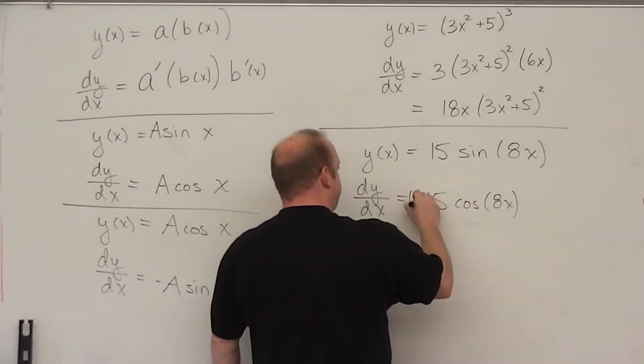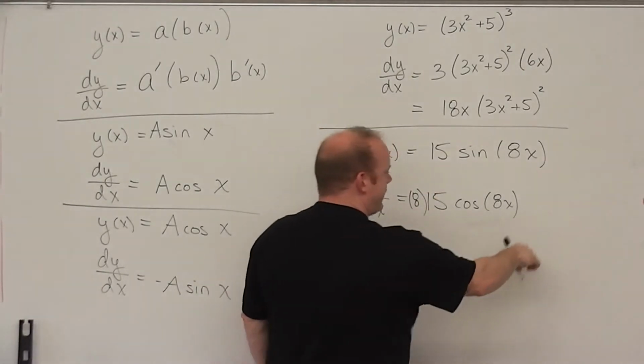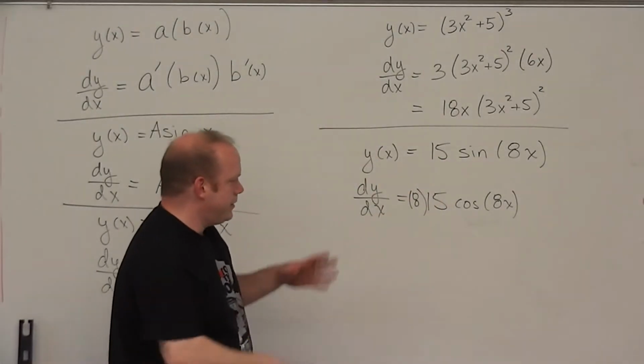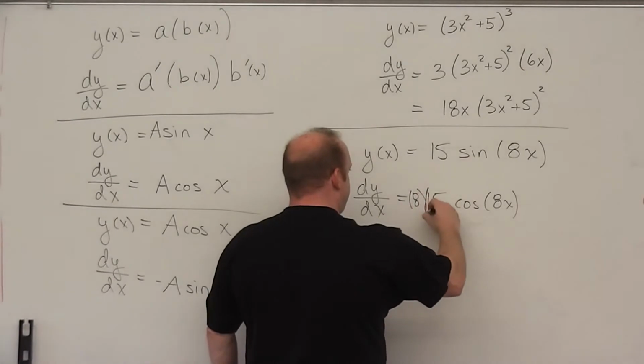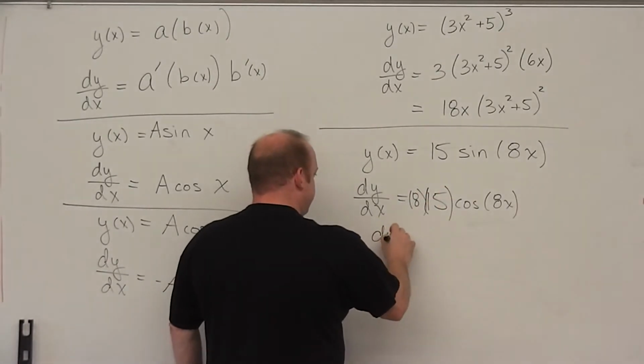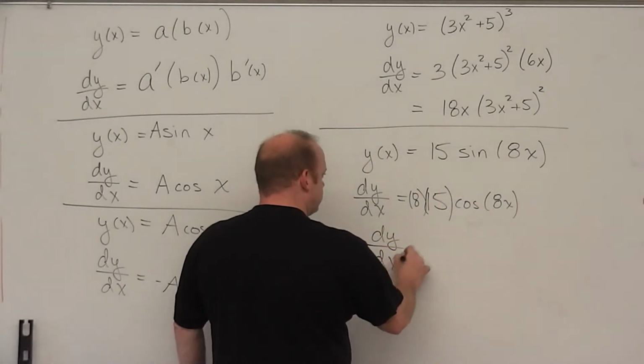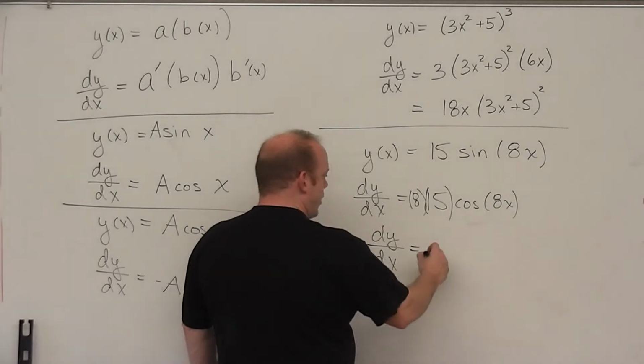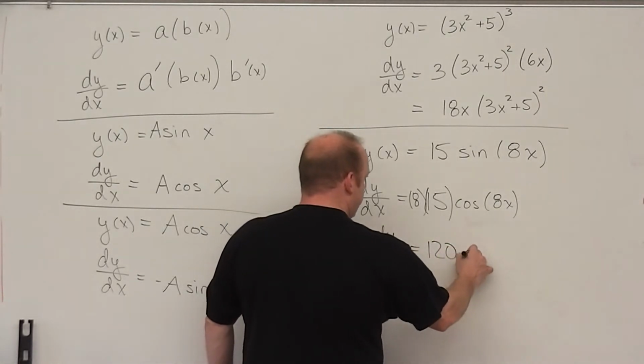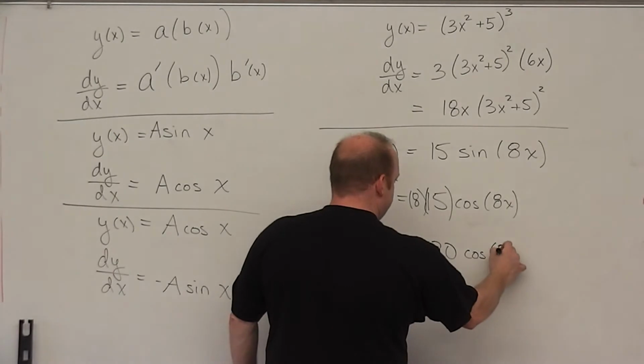So I have to put an 8 in front here. I don't like to put the 8 afterwards; cosine of 8x times 8 doesn't really work. So dy/dx in this case is equal to 120 cosine of 8x.